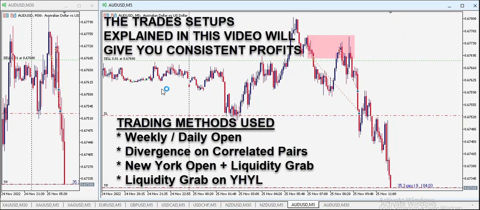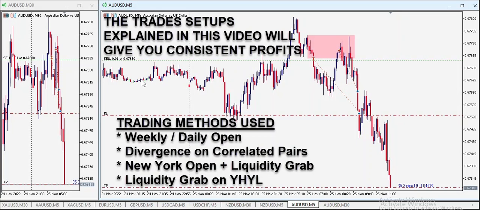So not all were profitable. I had some that hit stop loss, I had some that didn't get to entry point, and I had some that hit take profit that gave me good profit. So in a whole, this week was a very profitable week for me, right?